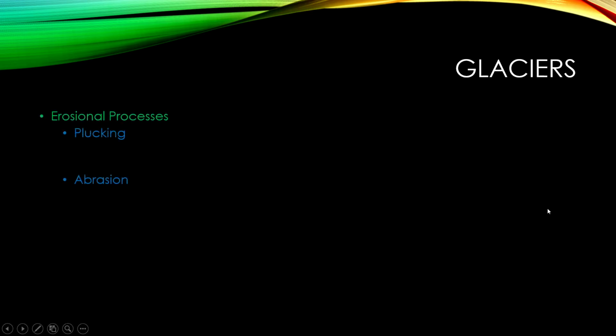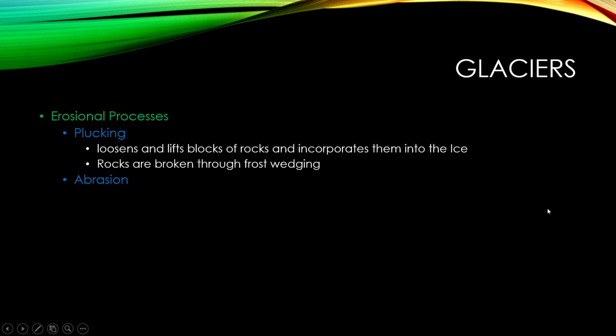And then we have here the erosional processes. First one is plucking. It loosens and lifts the rocks and incorporates them into the ice. And rocks are broken through frost wedging. So plucking means they are taking up pieces of rock from the base of the glacier.